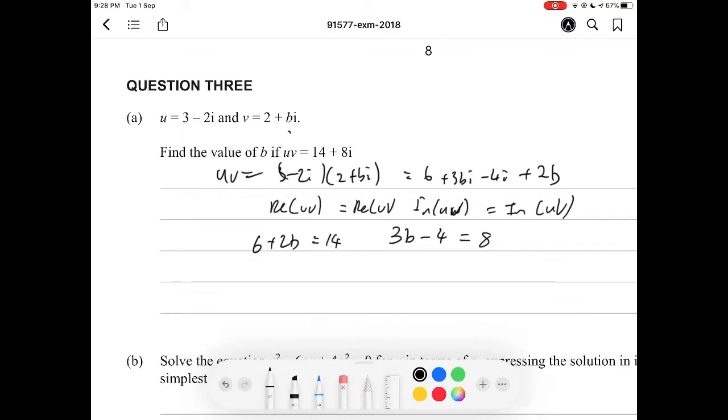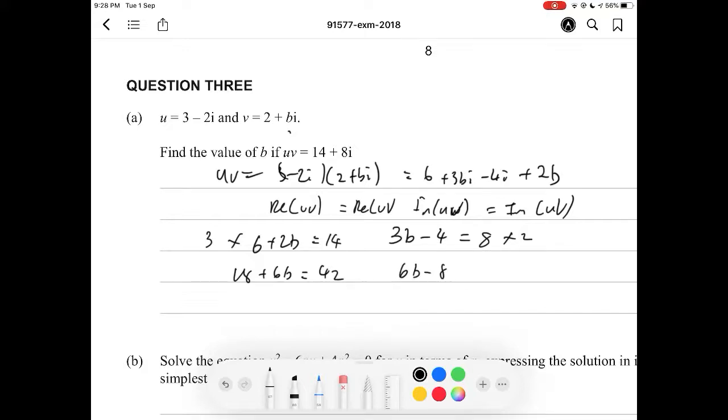Alright, so now we just need to solve the simultaneous equations. Multiply this equation by 3, because the lowest common denominator of 2b and 3b is 6. Times this by 3, times this by 2. 18 plus 6b equals 14 times 3, which is 42.